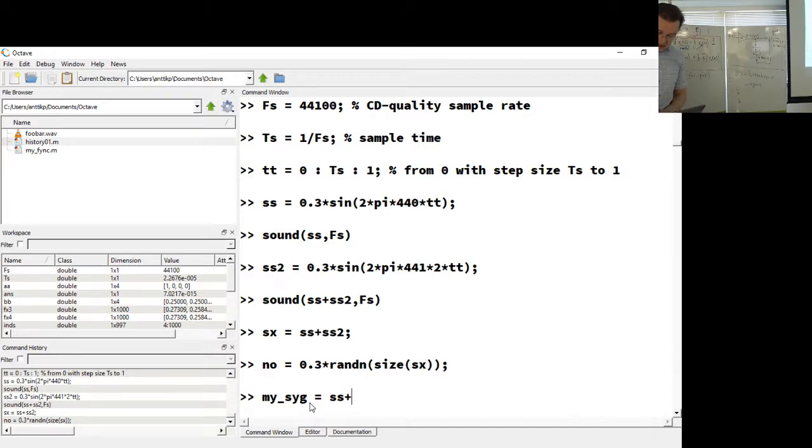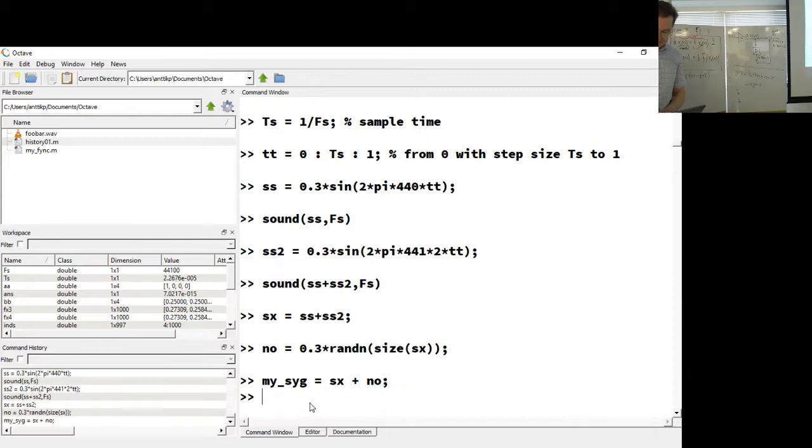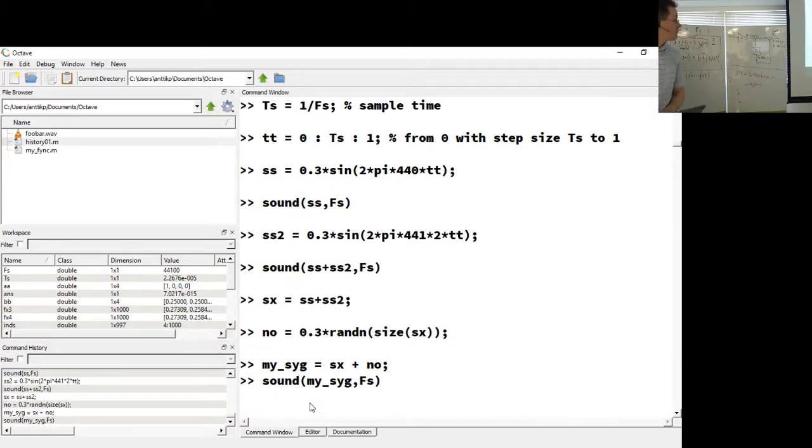SX plus NO. Yeah. And then what does it sound like? Sound, my sig, and FS. Okay, so this is pipe organ plus some noise.